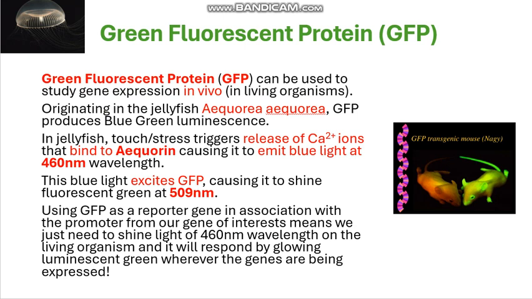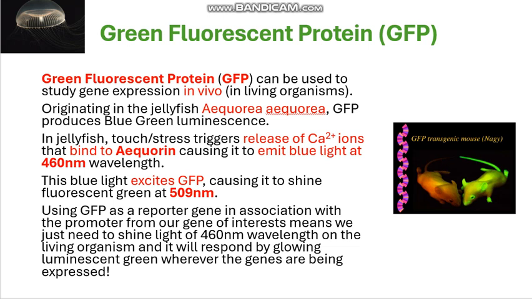The other reporter gene we use is green fluorescent protein. It can be used to study organisms in vivo, so it can study living organisms. We originally found this gene in the jellyfish Aequorea victoria, and in these jellyfish, GFP produces blue-green luminescence.